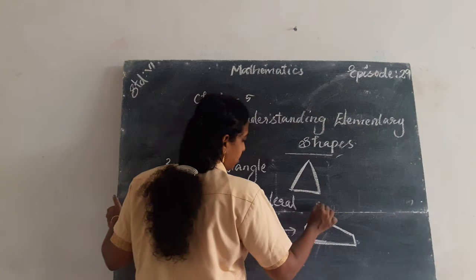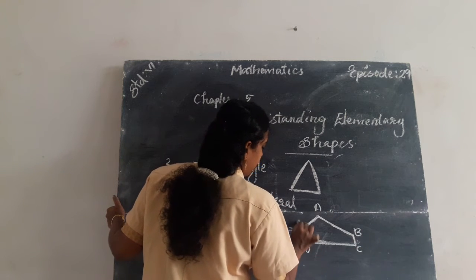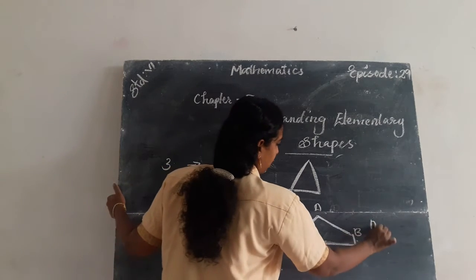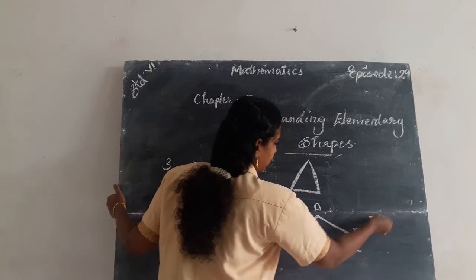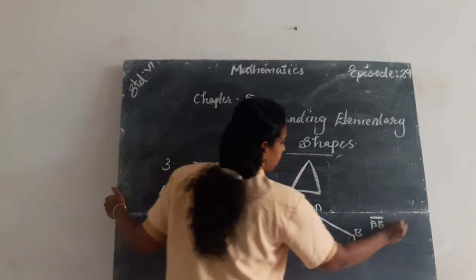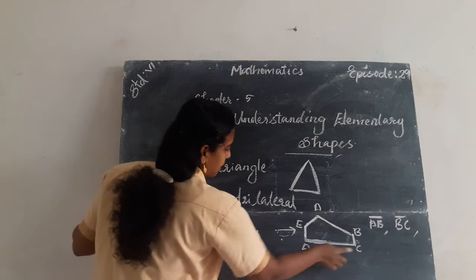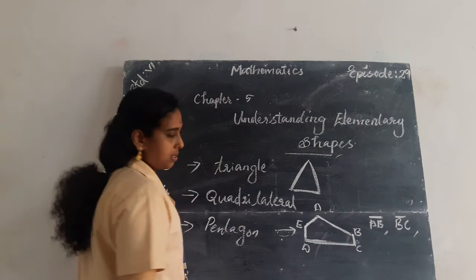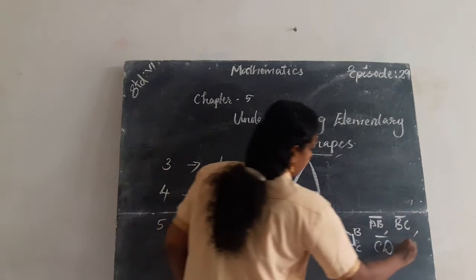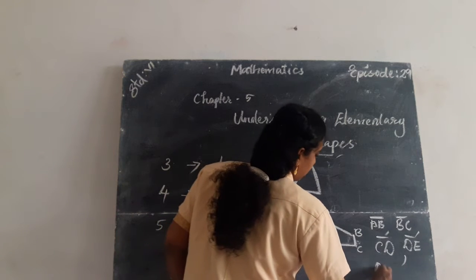If we name the pentagon A, B, C, D, E, then which are the sides of the polygon? Line segment AB, next line segment BC, then line segment CD, then line segment DE, and line segment AE.